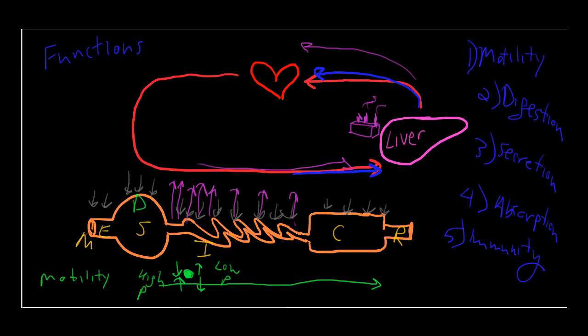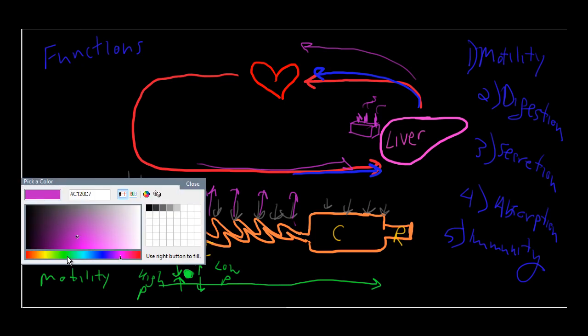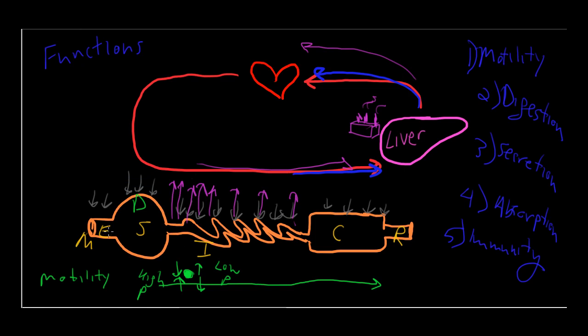So we could think about immunity as the following. The GI tract, although it's in your body, it's really an external environment, because you're putting external foreign objects in your mouth, you're chewing, and it enters this GI tract. And really your GI tract is an interface between your body and the external environment.